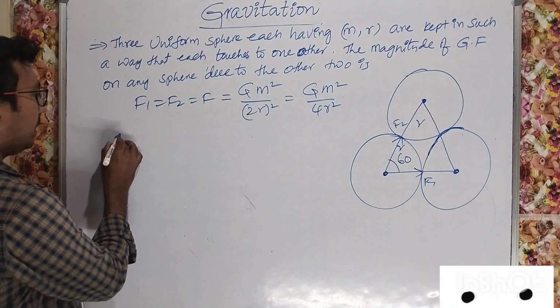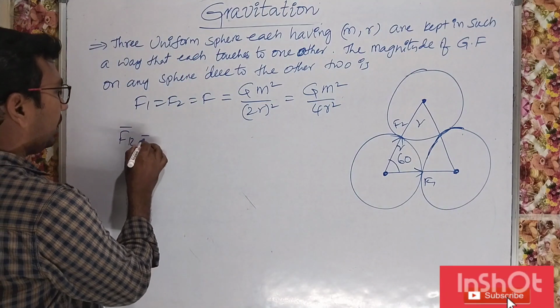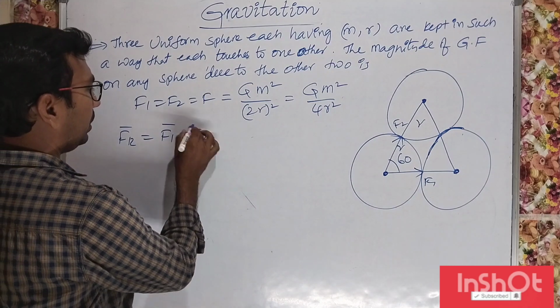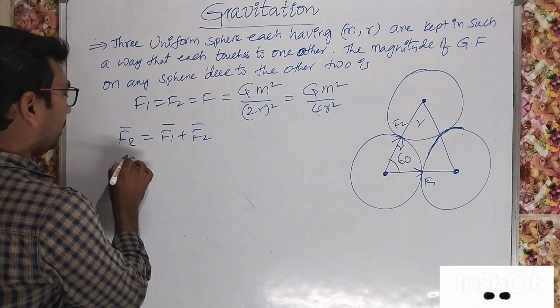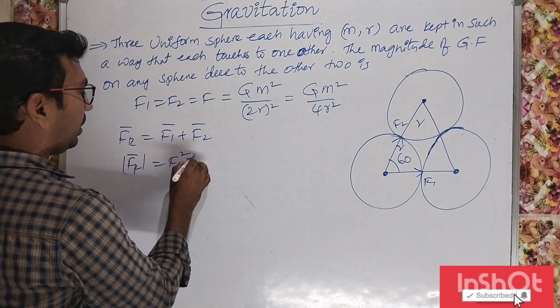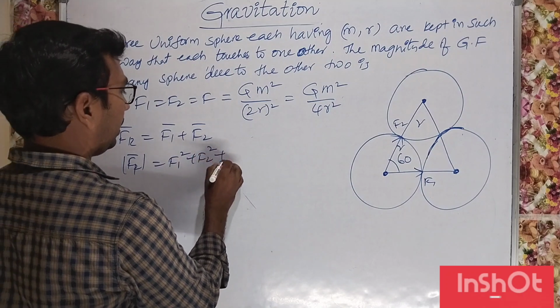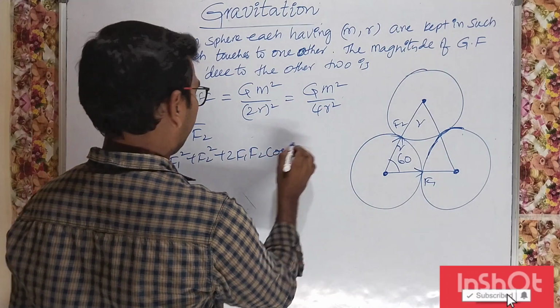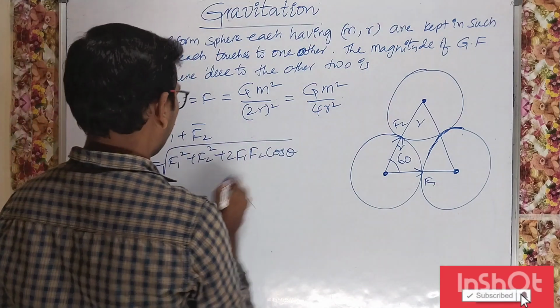So you can find out the resultant force Fr. Fr is equal to F1 bar plus F2 bar. You can find out the magnitude of Fr: F1 square plus F2 square plus 2 F1 F2 cos theta, under root. So this is the resultant force.